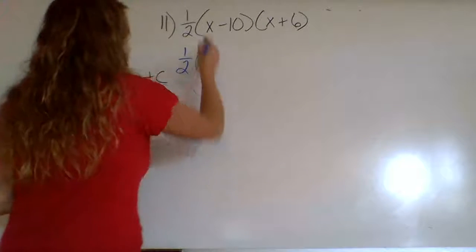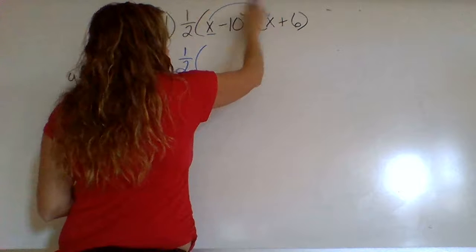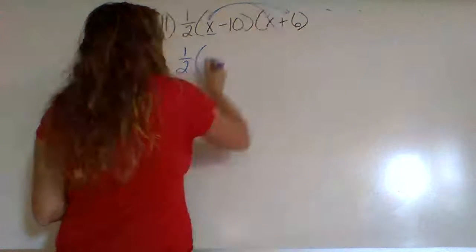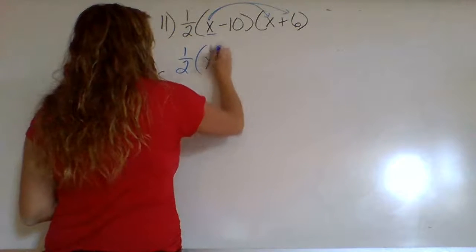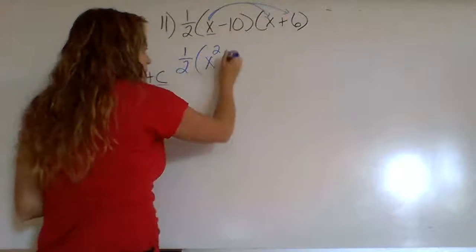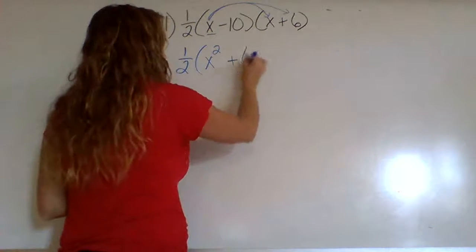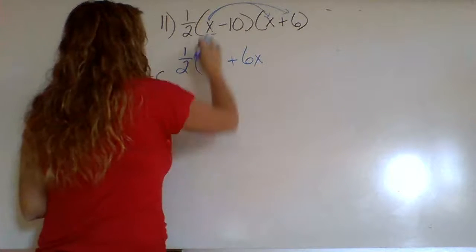All right. So I'm going to start with my x. I'm going to distribute it. x times x is x squared. x times 6 is 6x. All right, we're done with the x.